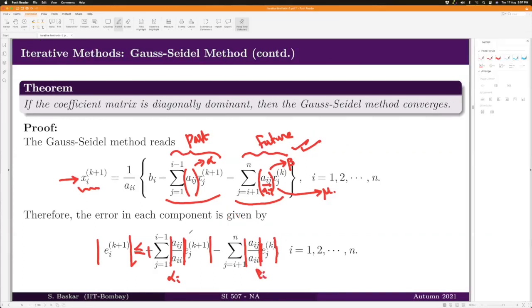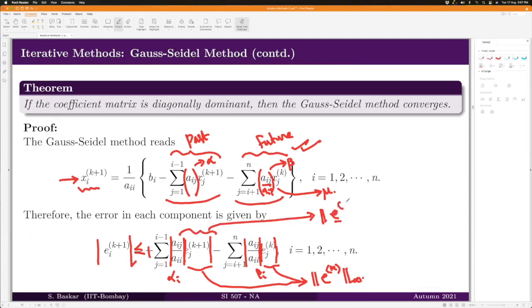Then if you recall, we replaced these two terms by the L infinity norm in the Jacobi case, but in the present case, it is slightly different because this you have to replace by the L infinity norm of the error vector e^(k+1), and this part you can replace by the L infinity norm of e^k.